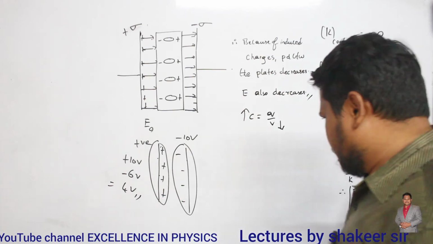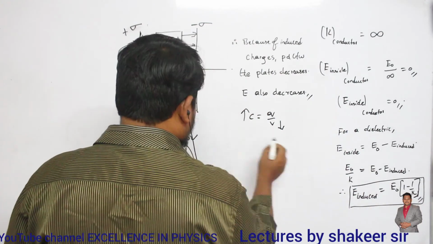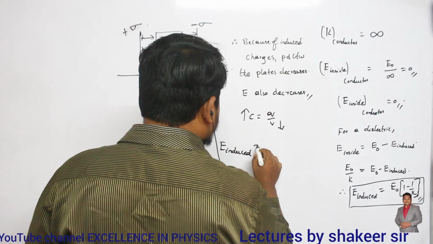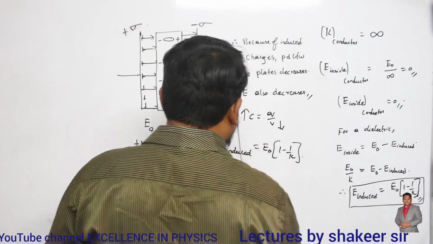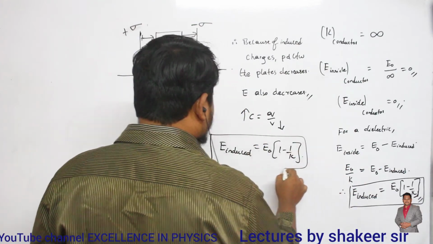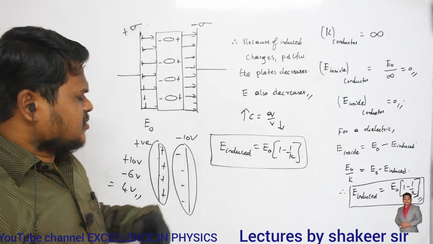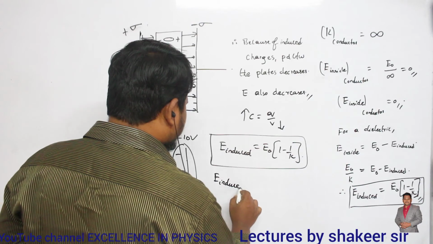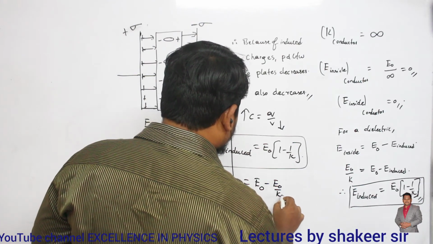So now this is the relation which I got, no? What is the relation of external electric field I got? Induced electric field. So E induced is equals to E naught into 1 minus 1 by K. So this also tells the same concept, no, ma? Induced electric field can be written as E naught minus E naught divided by K. Clear, ma?